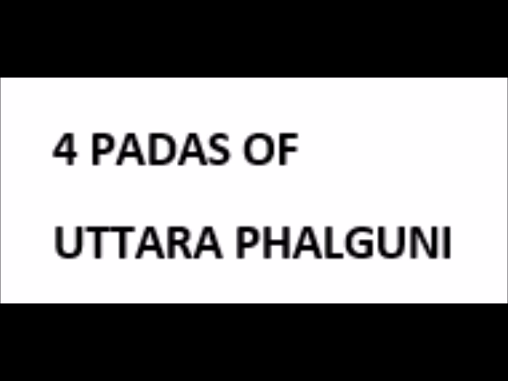If you calculate the navamsha, the ruler of the navamsha is Sagittarius. So the navamsha ruler is Sagittarius, and that means that Jupiter is the ruling planet of this particular division, the first division of Uttara Phalguni Nakshatra.